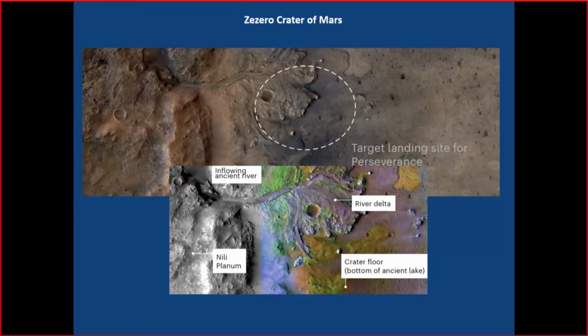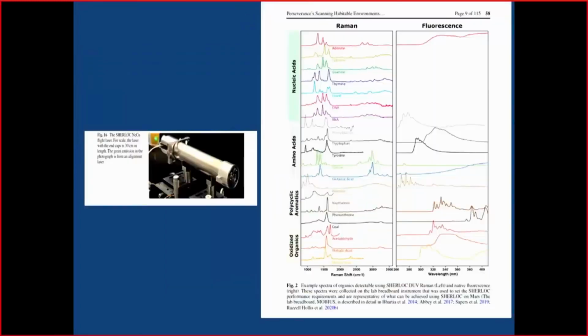That's how Perseverance is working on that line. Already a lot of experiments are going on to detect amino acids, polycyclic aromatics, and all these things with this technique. Hopefully, with the advancement of time and technology, we will one day discover some of these life-bearing molecules of organic nature, and that's how the research is going on.